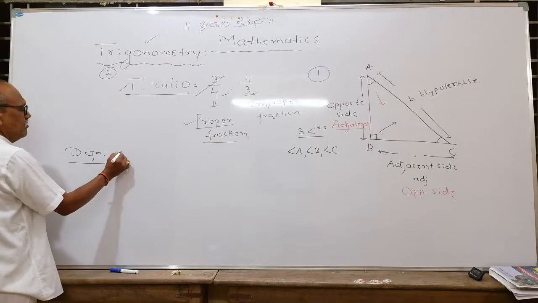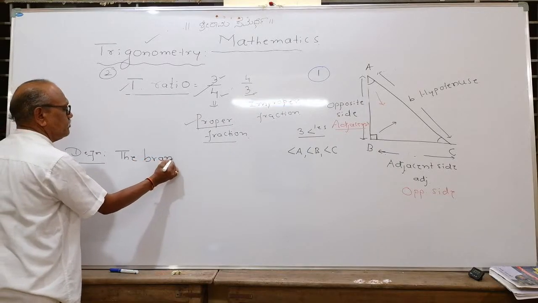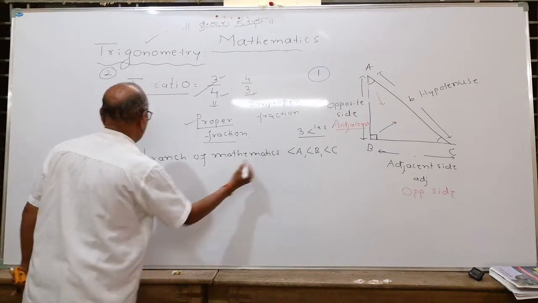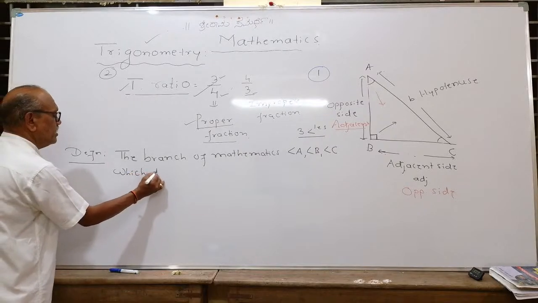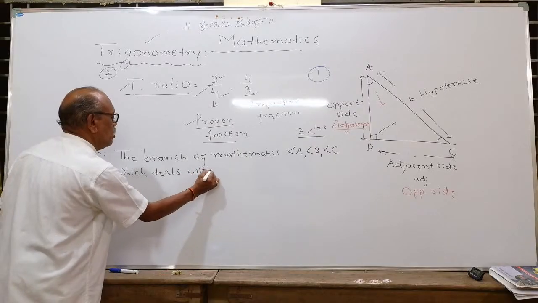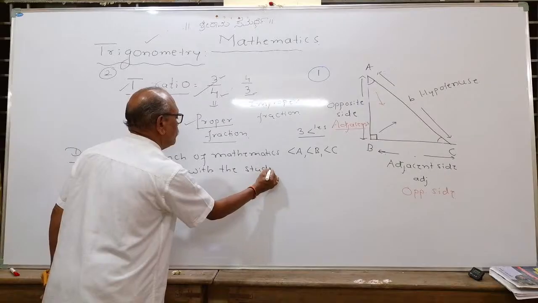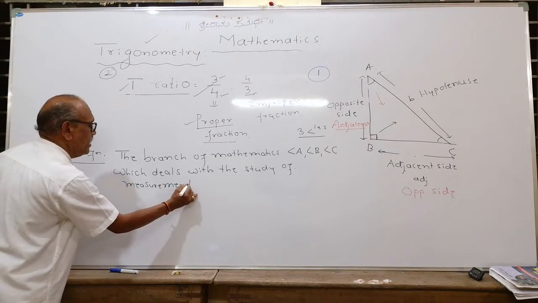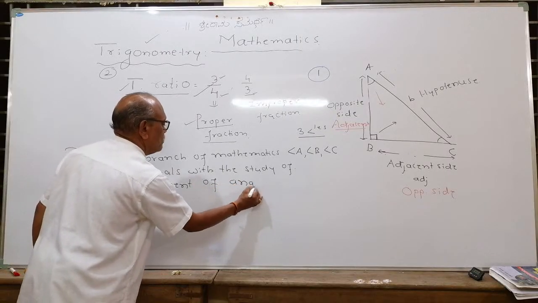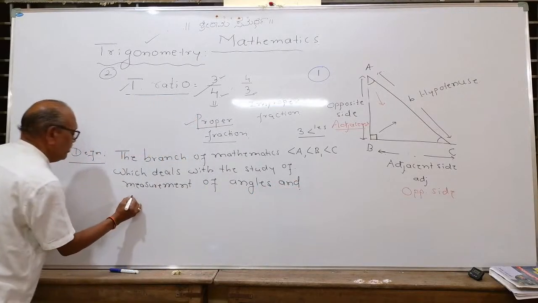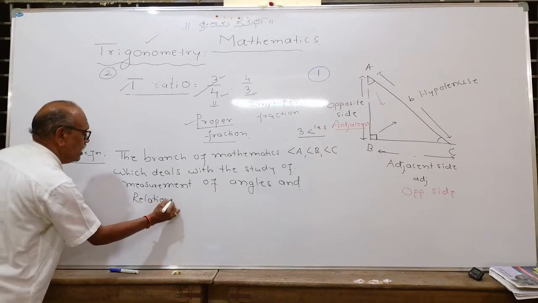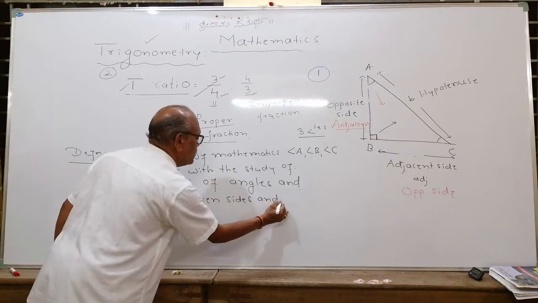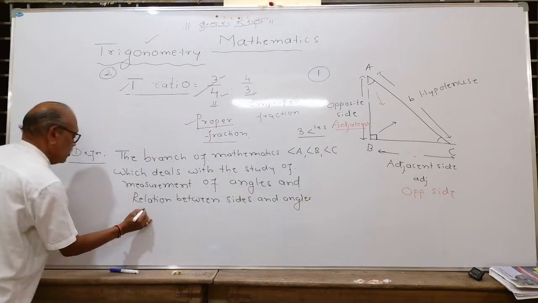We define that it is the branch of mathematics which deals with the study of measurement of angles and relation between sides and angles of a triangle.